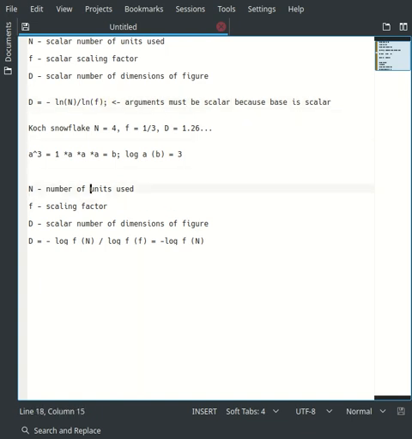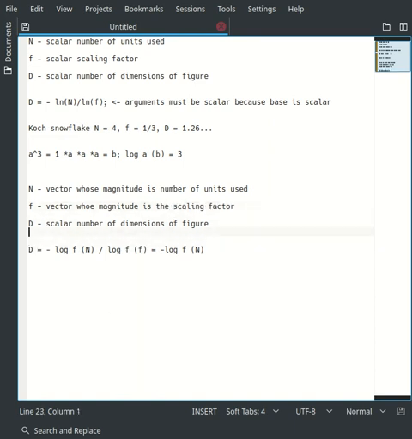But here, this is going to be, there you go. Now n is a vector whose magnitude is the number of units used. F is a vector whose magnitude is the scaling factor.